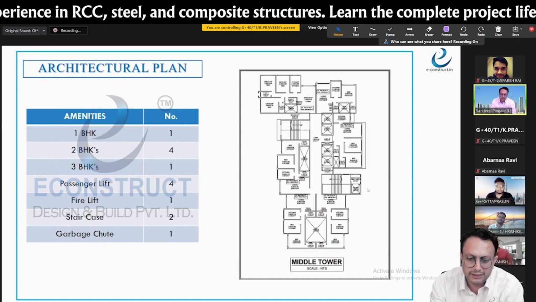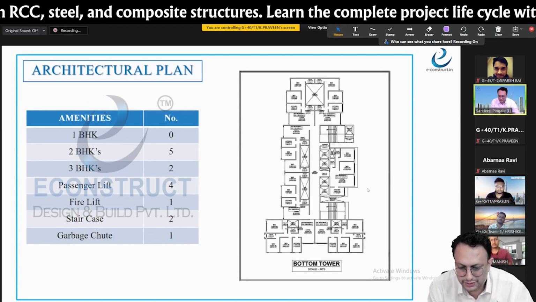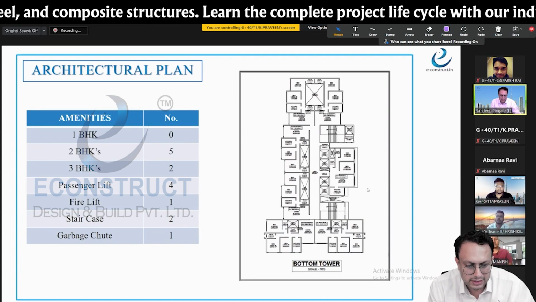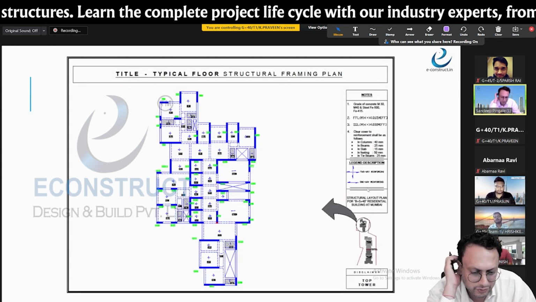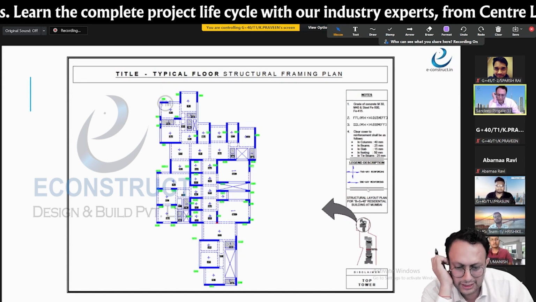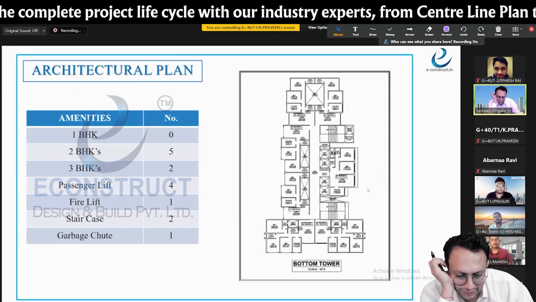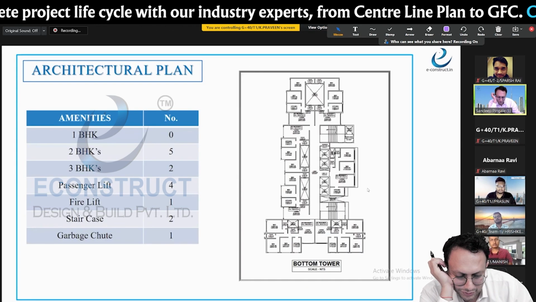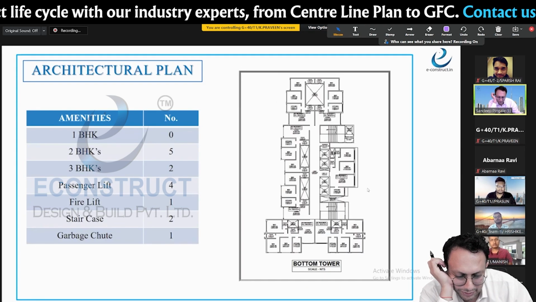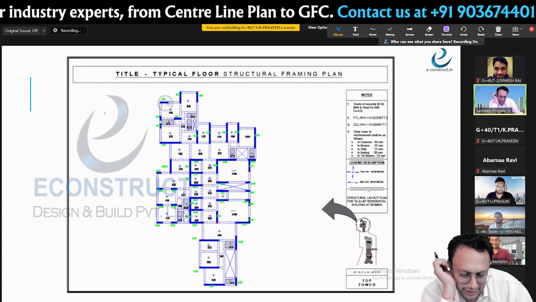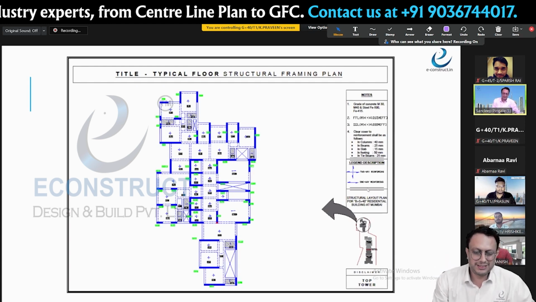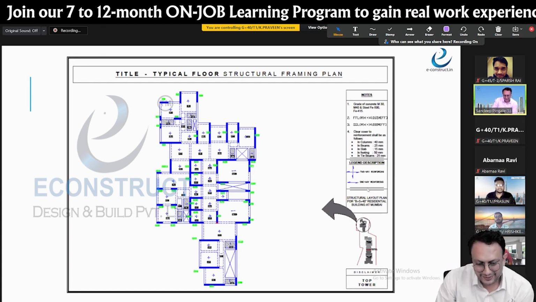So please delete the first few slides in this. Since you have created, it's okay, no problem now. But still, once the structural framing plan should be more creative. I mean, this is what I would suggest, that 2 BHK, 5 towers. Anyway, you've given, keep it like that, but generally we don't give that.